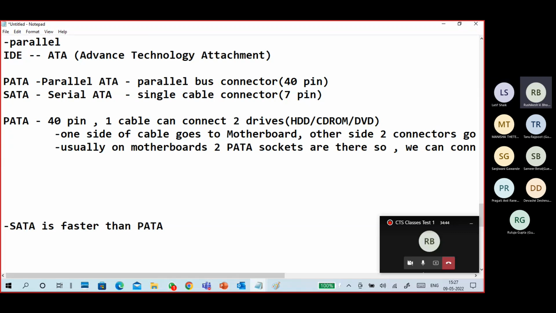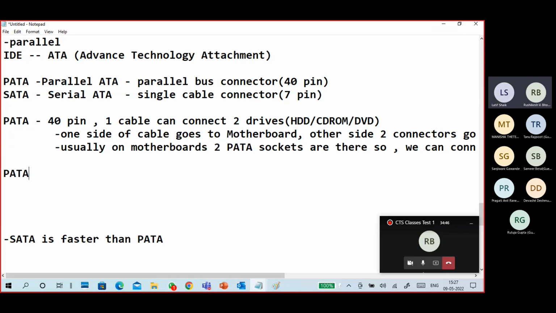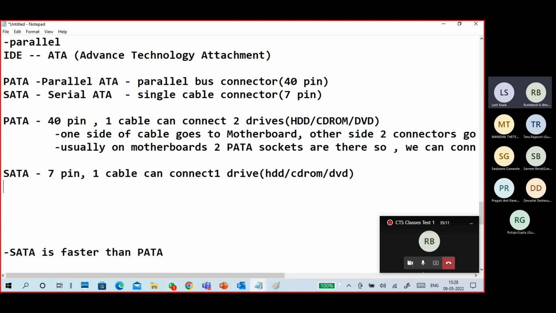Next, SATA, just for knowing purposes, guys. This is a 7-pin connector. One cable connects one device, one drive only. Either you can connect a hard disk, a CD-ROM, a DVD writer, or a DVD-ROM.